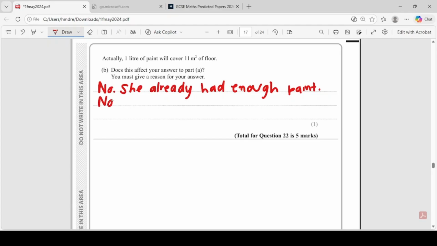Now, let's just put it like this. So 1 liter is 11 square meters. So that means 7.5 liters, which is what she has, is going to be times 11.